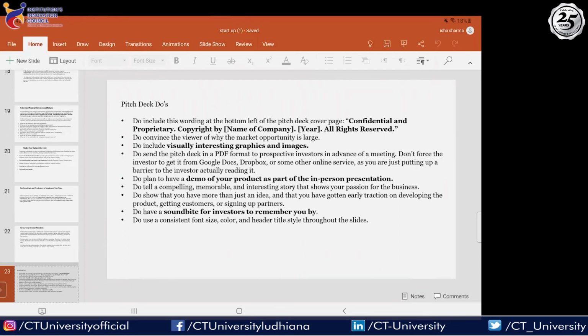So there, what needs to be written in a pitch deck is, whatever information you're disclosing, first of all, you need to have an IP clause at the bottom of the slide, that all the intellectual property is your ownership and all rights are reserved. That needs to be written for sure, so that at least if you haven't filed for any IP, this will safeguard you to a certain extent.